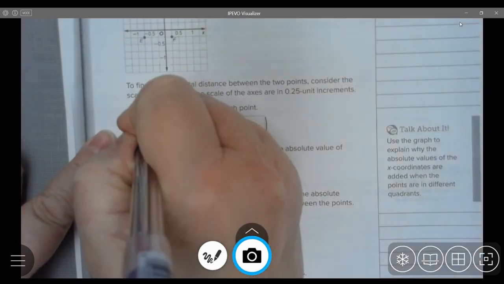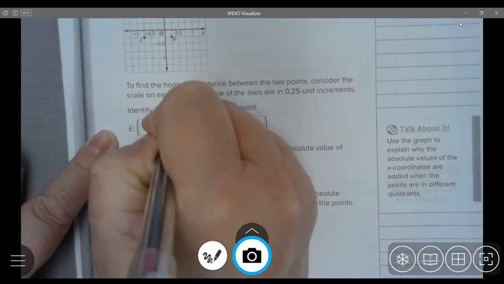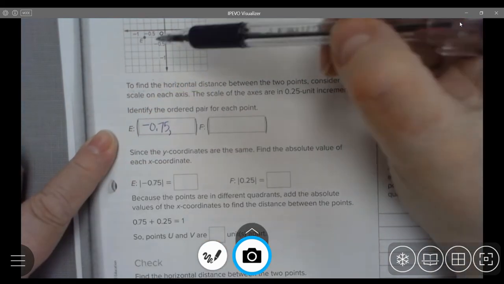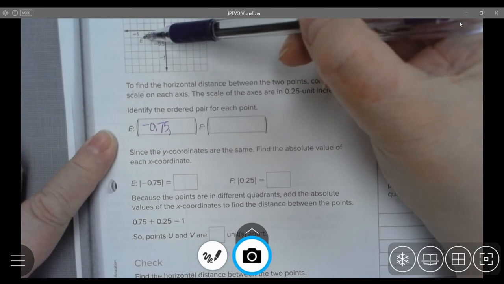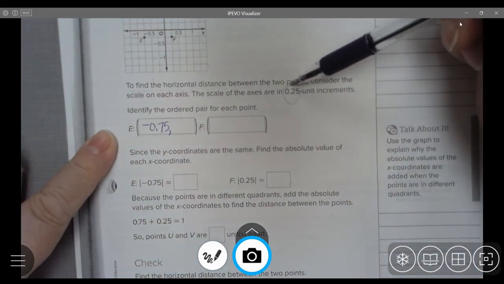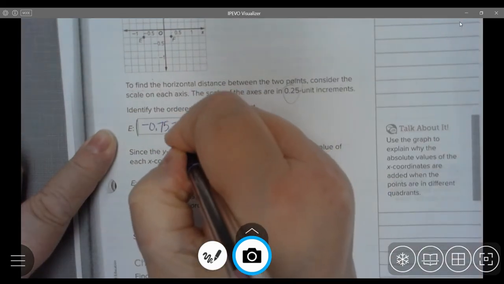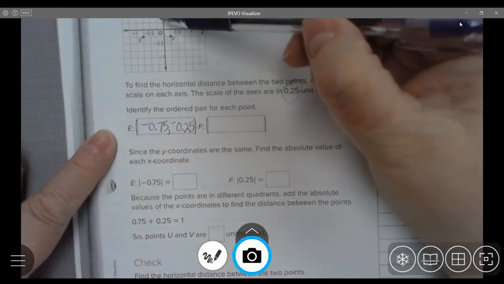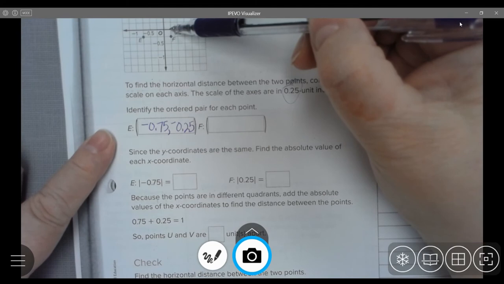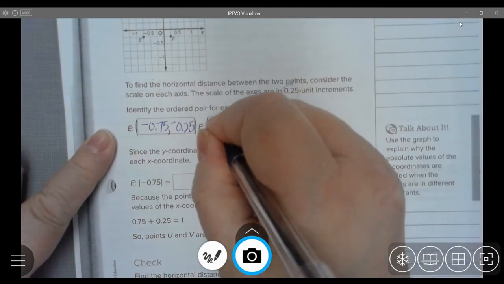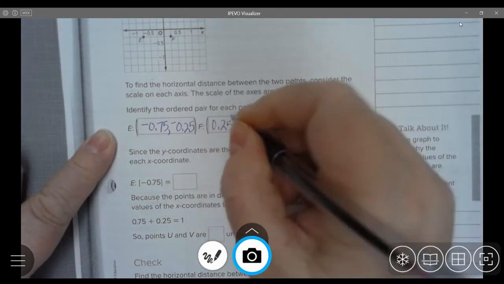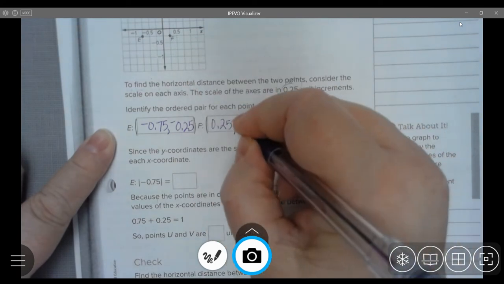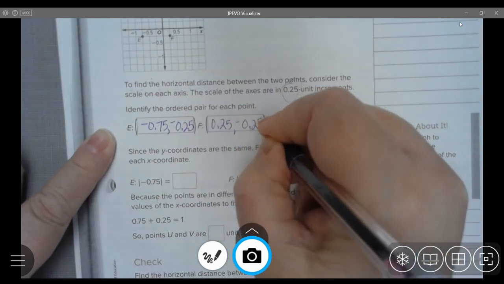So it would be -0.75 for E's x. And then we would go down 1 unit, and remember units are 25 hundredths, so -0.25. Then F, we would go positive over 1 unit, which is 0.25, and down 1 unit, which is -0.25.